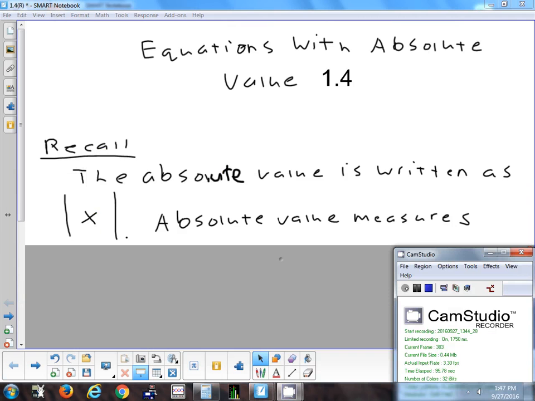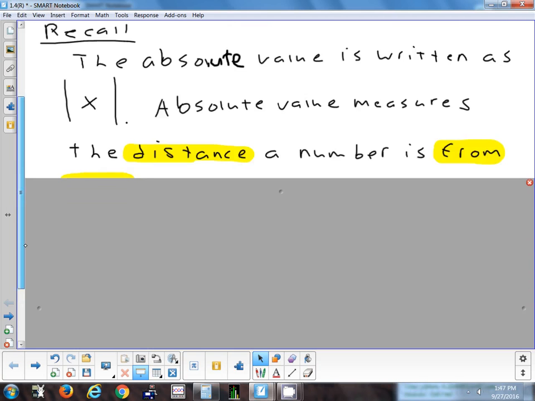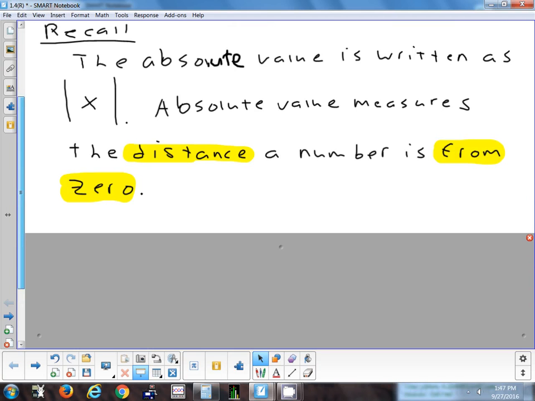I think it was Shannon that said absolute value is going to measure the distance a number is from zero. So on the first bullet where it says absolute value measures, you're going to write distance from zero, what I highlighted.